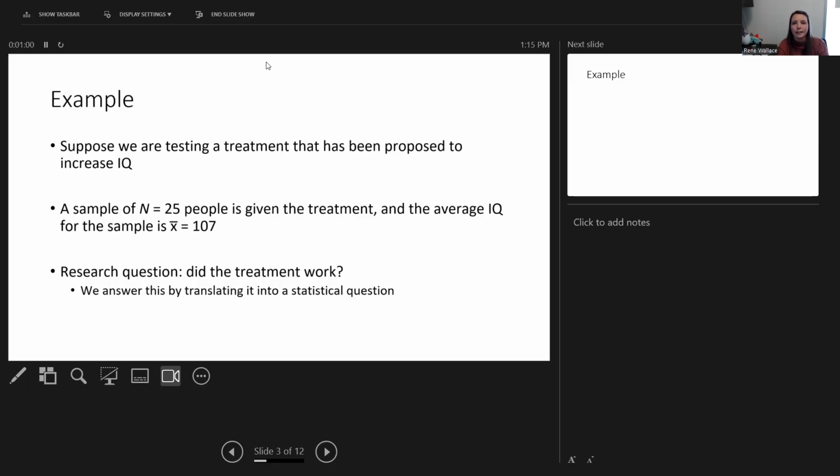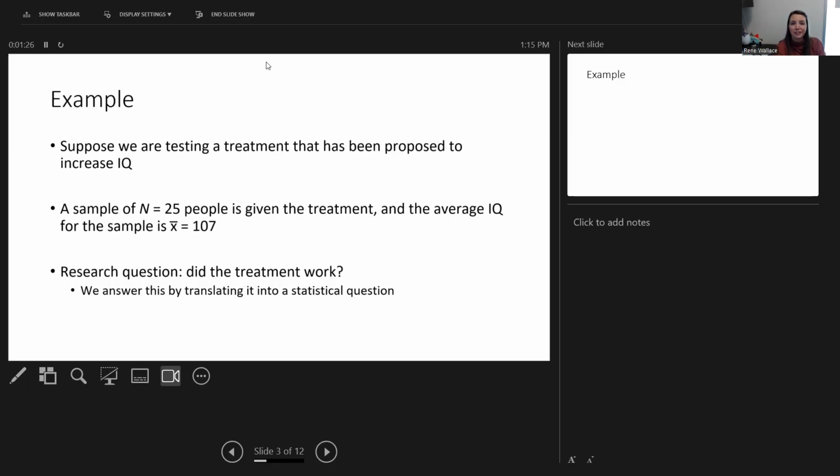And I think that if I can prove that this works, then I can help students everywhere have higher IQ scores. So I do my intelligence experiment and treatment on this one group, and I had 25 people, and I get their scores at the end of my 6-week IQ treatment, and their scores mean is 107. So did my treatment work?